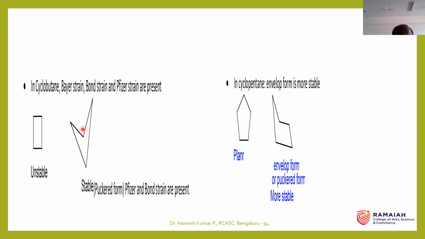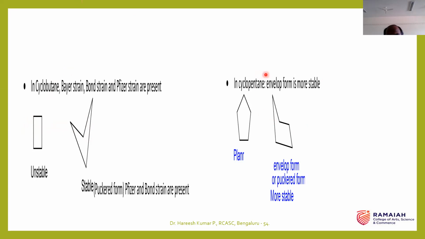Between these two, the puckered one is stable compared to the planar one. In the puckered form also, Pitzer and bond strains are present, but there is no angle strain, whereas in the planar form an angle strain is present.